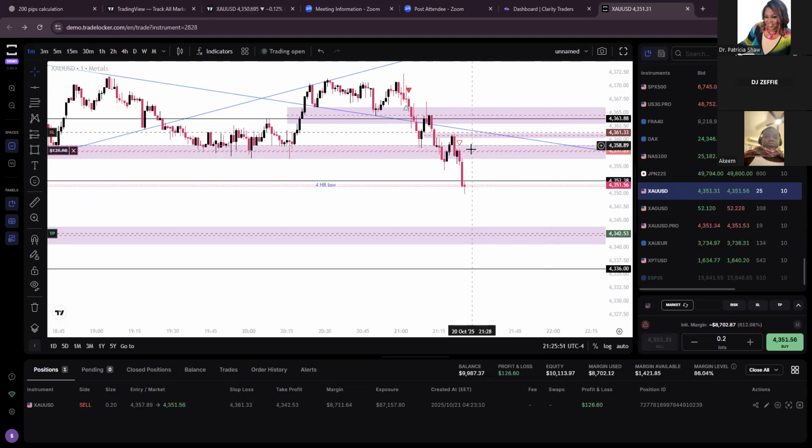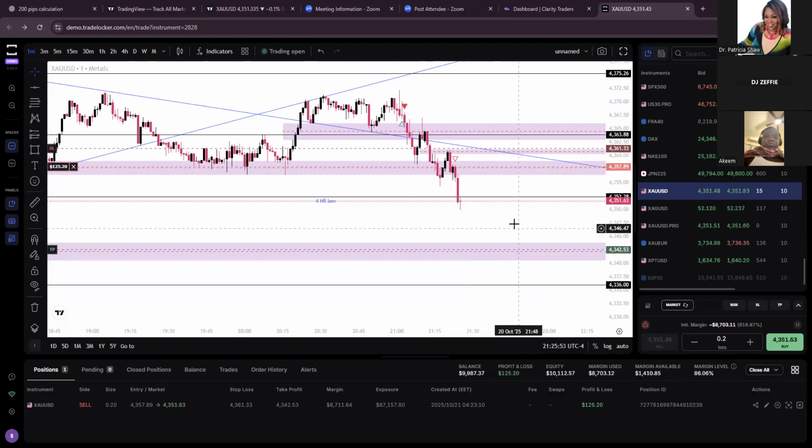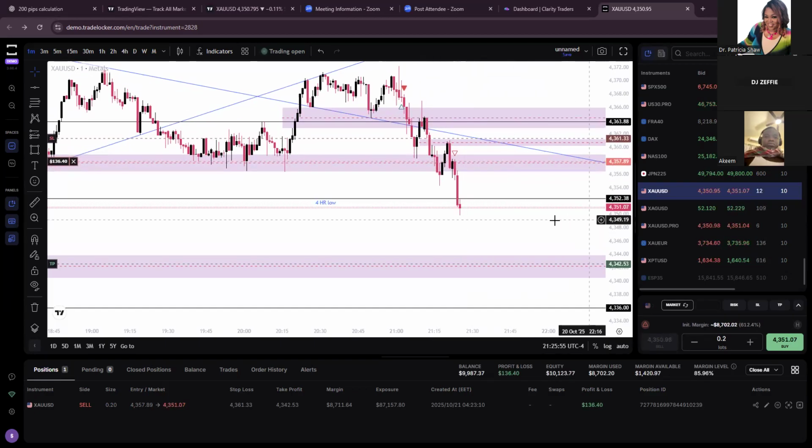All right, so y'all entry should have been better than mine. Y'all should be able to put y'all stop loss at break even. It took me a little minute before I could get in.